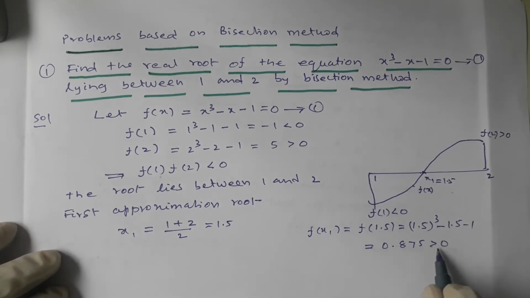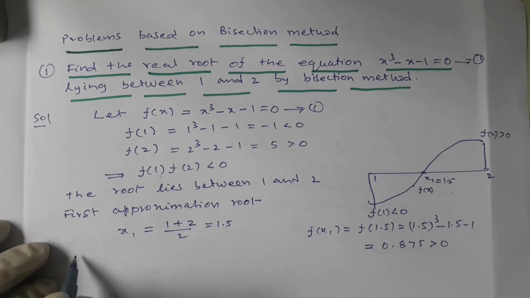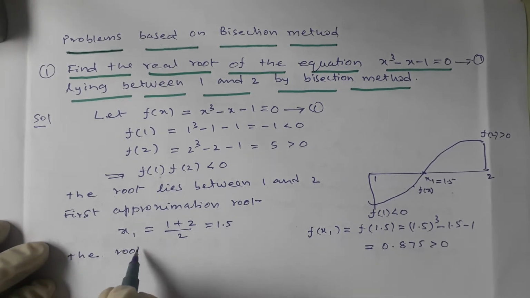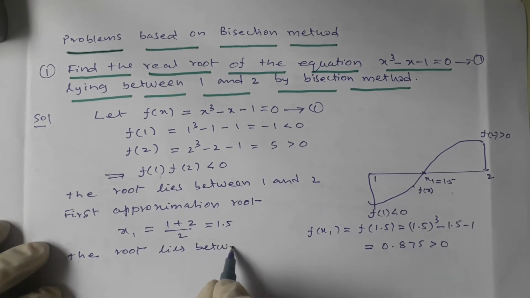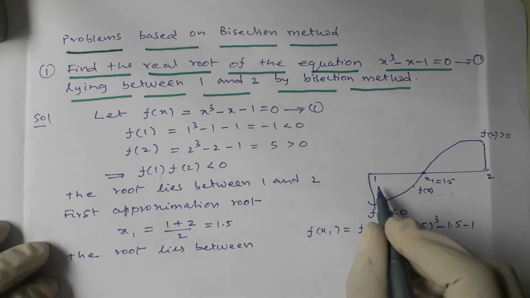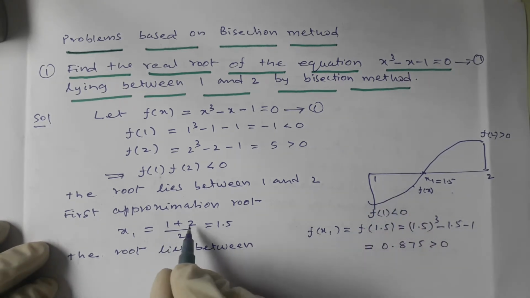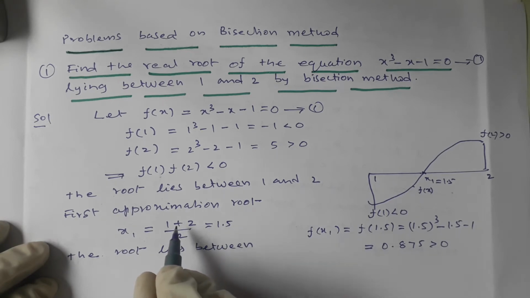So whenever f of x1 is positive, the root lies between the middle value 1.5 and the left side, that is 1 and 1.5.